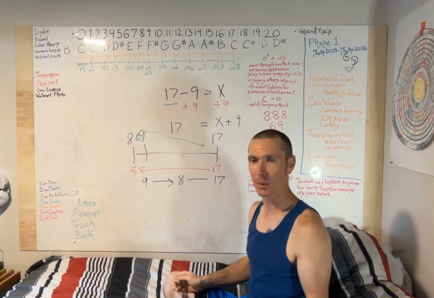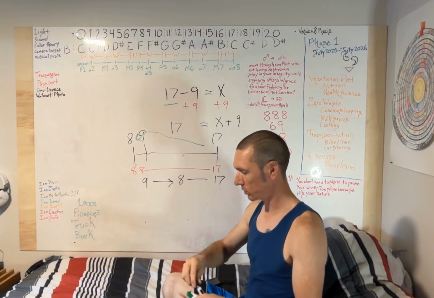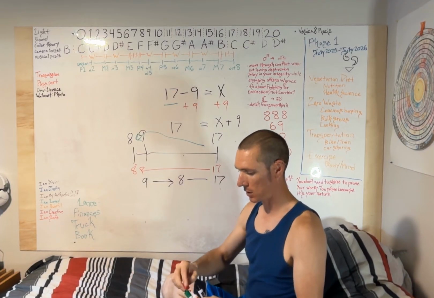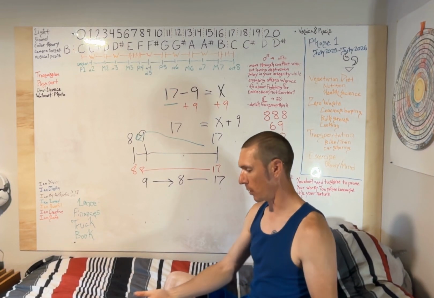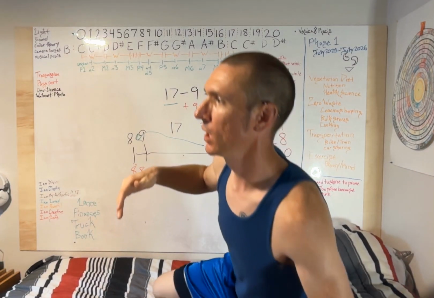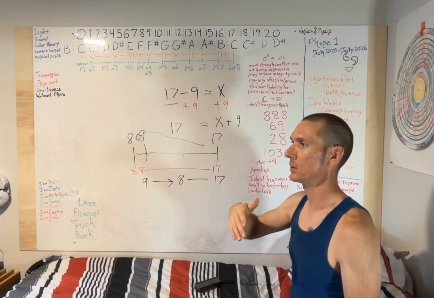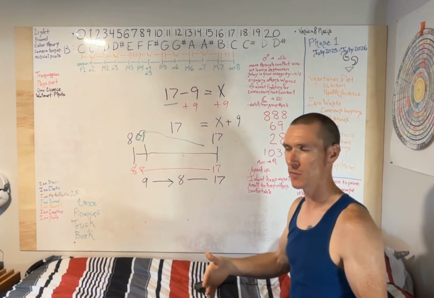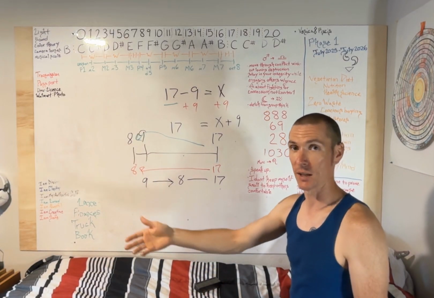But I was still getting tripped up. I was still getting tripped up with things, because when I'm on my app and I'm doing the addition stuff, with addition I'm learning the relationship numbers have. So, 6 and 7.